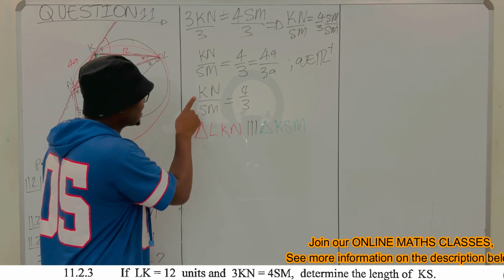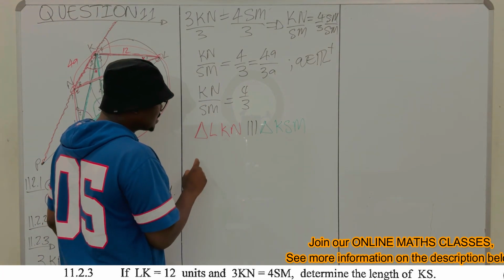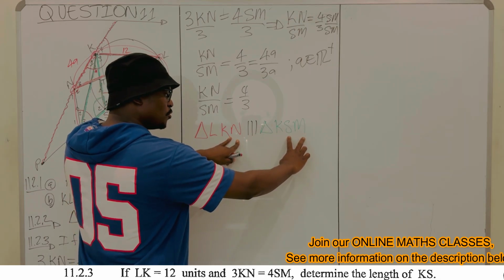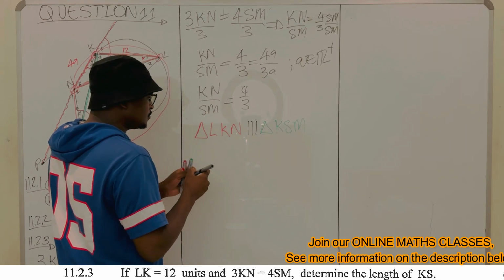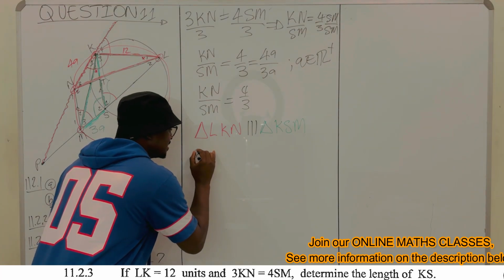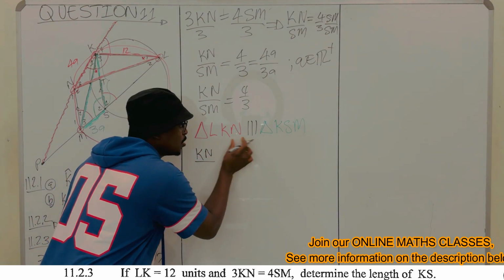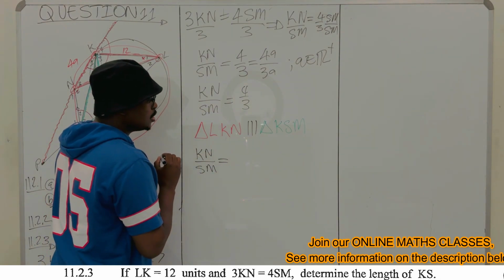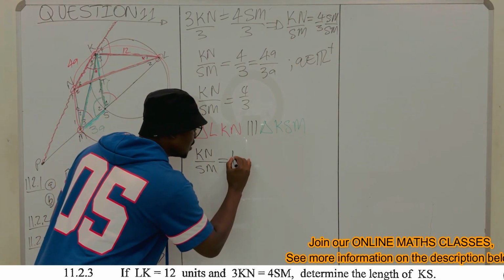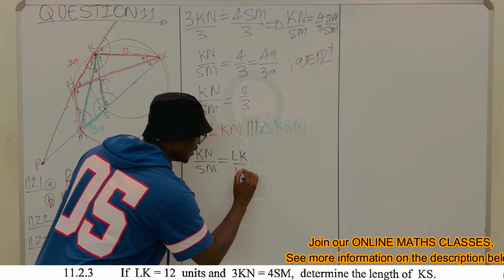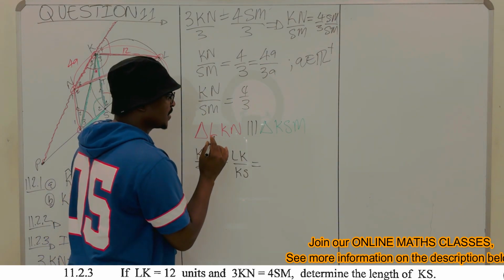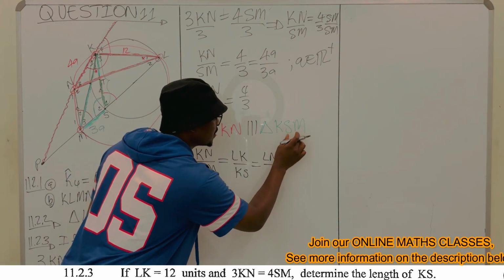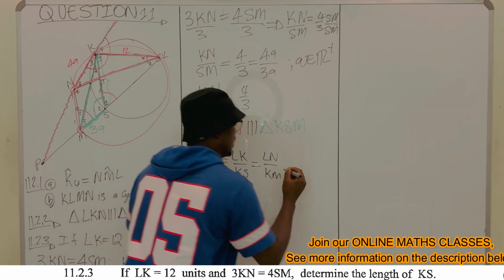For example, here you are given KN over SM. Where is KN? KN is these two. SM is also the last two. So in that case, KN over SM should be the same as LK over KS, which is equal to LN over KM. Why?